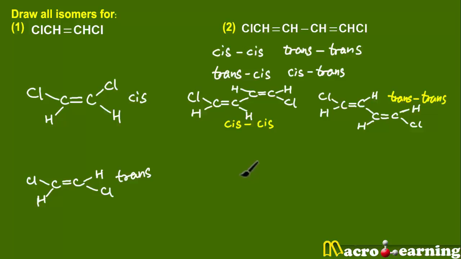All right, and trans-cis. So if the first one is trans, that means chlorine, same as what we have here, so chlorine and this big group are on different sides. But the second one is cis. So that means chlorine and this big guy are on the same side of this second double bond. So that gives us trans and cis.